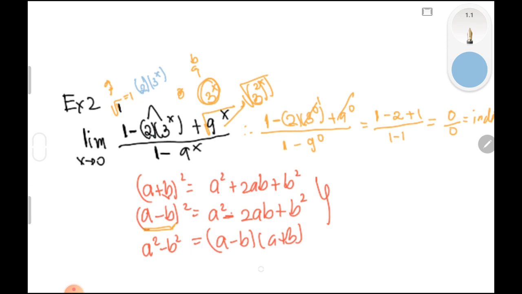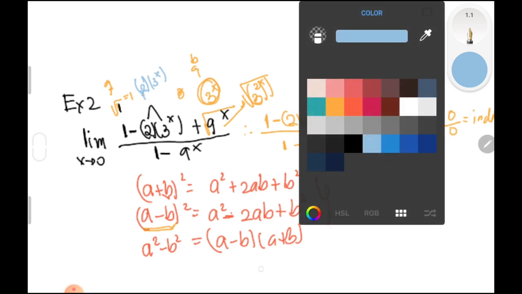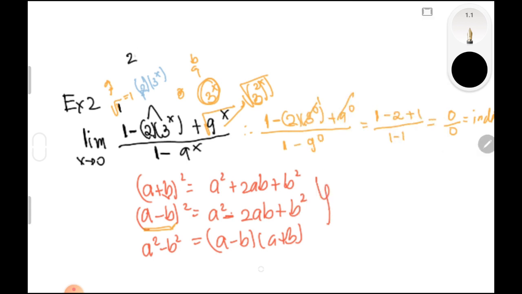Take note, in order to multiply your 2 raised to 1 and 3 raised to x, they should have the same base. Okay? Or value nito sa constant natin. But since 2 and 3 are different prime numbers, therefore you cannot multiply them directly. So therefore 2 multiplied by 3 raised to x is not equal to 6 raised to x.